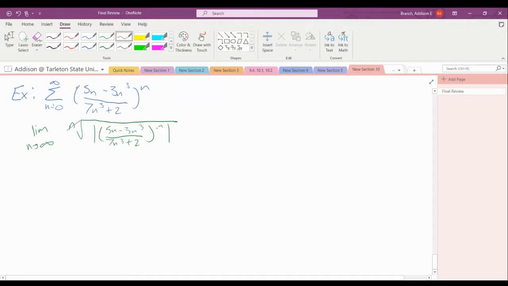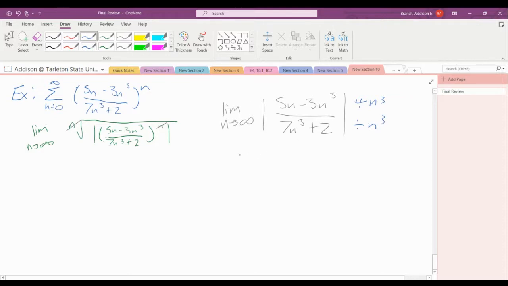Those n's will cancel out. So we now have the limit as n approaches infinity of the absolute value of 5n minus 3n cubed over 7n cubed plus 2. The easiest thing for this one would probably be to divide everything by n cubed, that way we won't have to do L'Hopital's rule a ton.